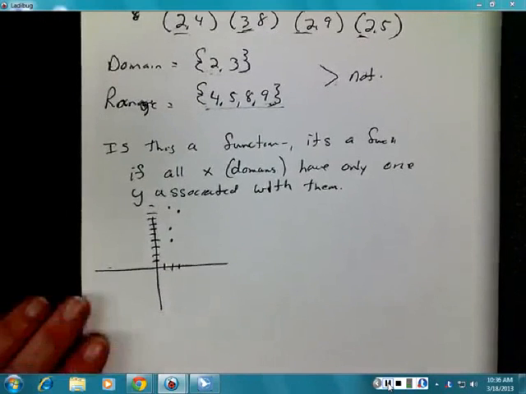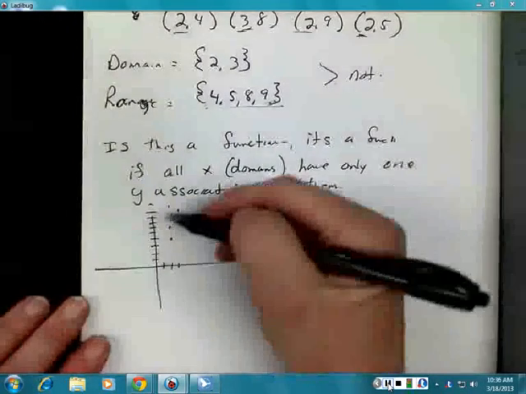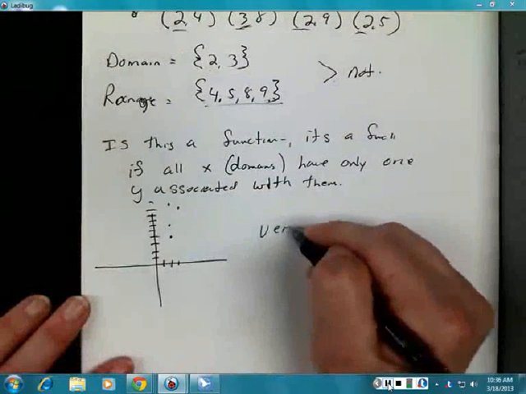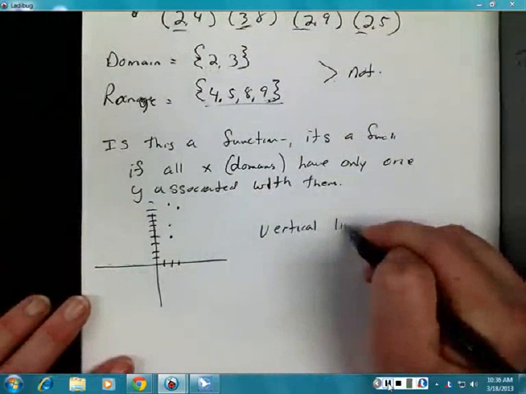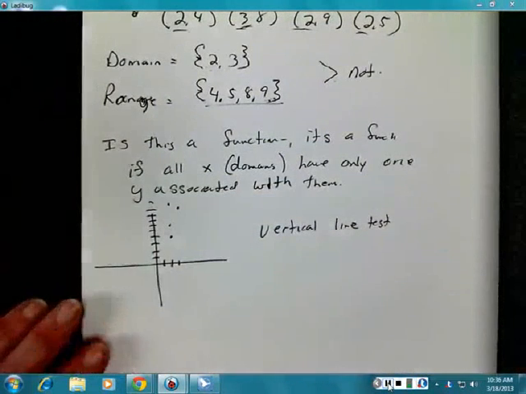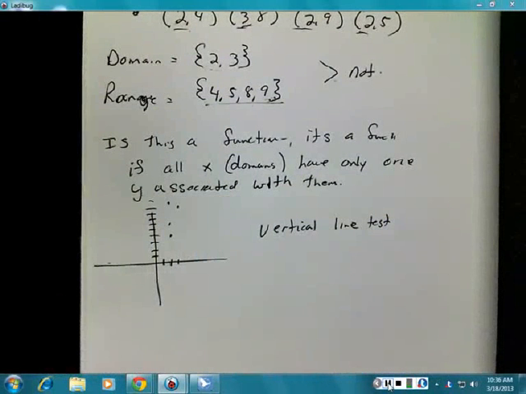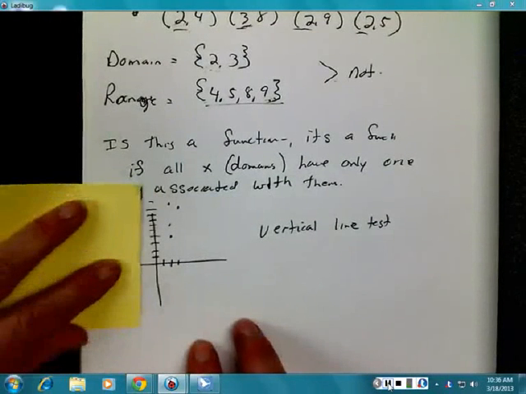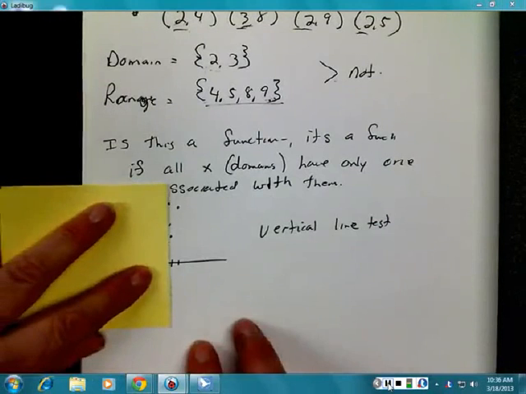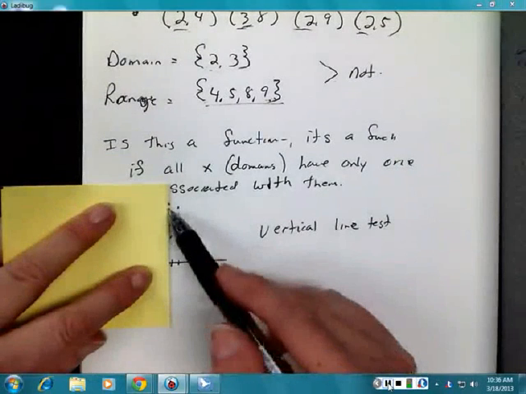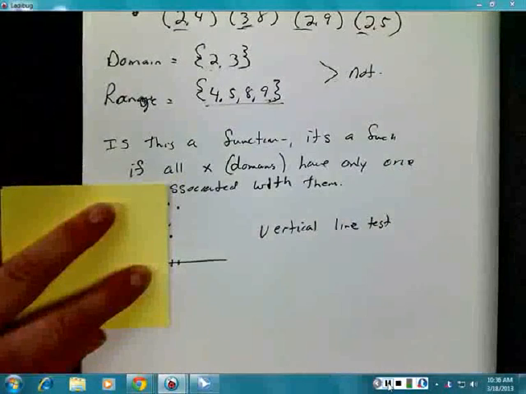Yep. And then what they say is that you do what's called a vertical line test. When you do a vertical line test, what that means is if I ran a vertical piece of paper along here, and everywhere I go, I only touched 1 dot, but as soon as I get right here, I get 3 dots right in a row, don't I?